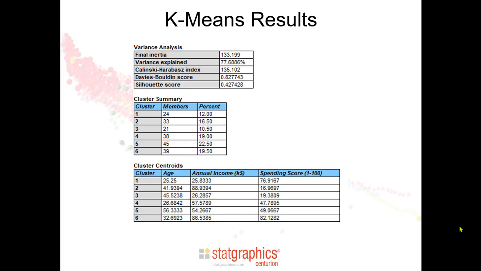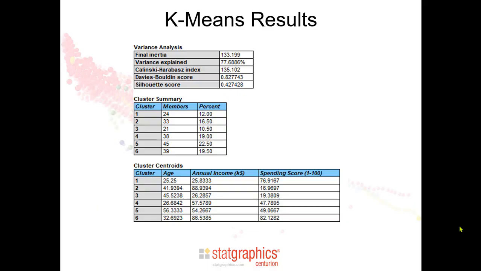Here are the results obtained in Statgraphics when the k-means procedure is asked to form 6 clusters. You'll notice at the top some similar statistics to what was displayed in the hierarchical clustering algorithm.